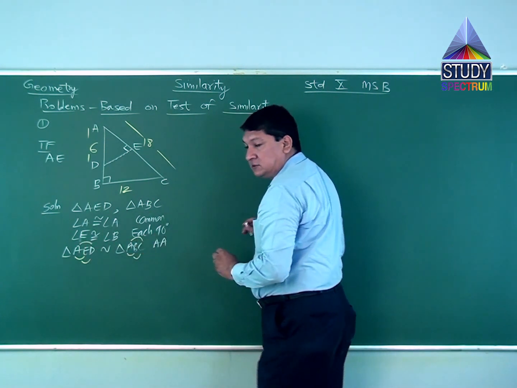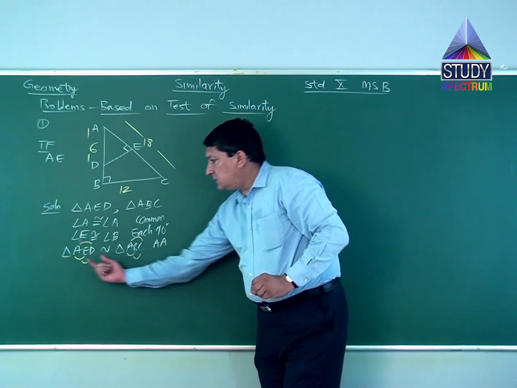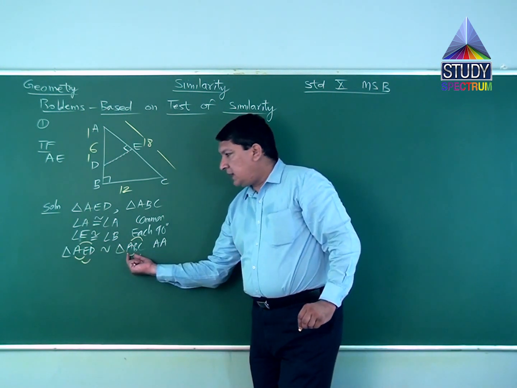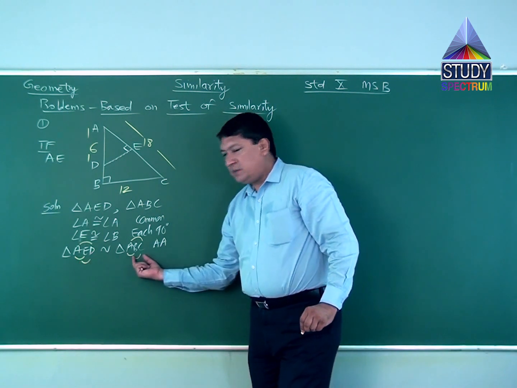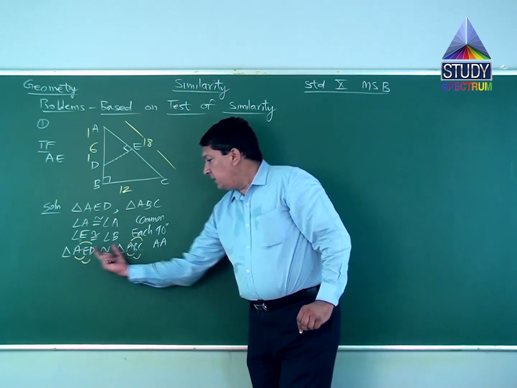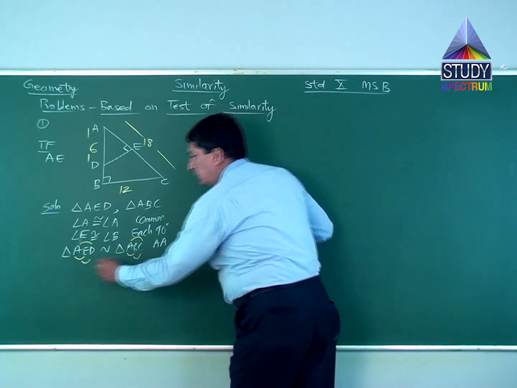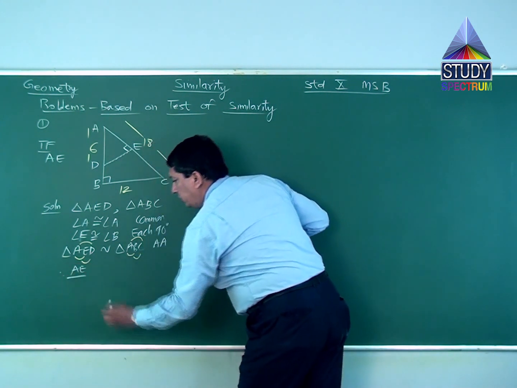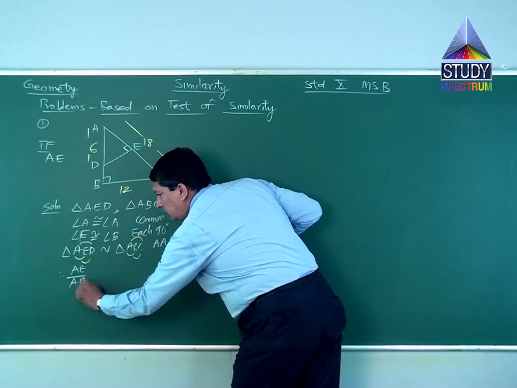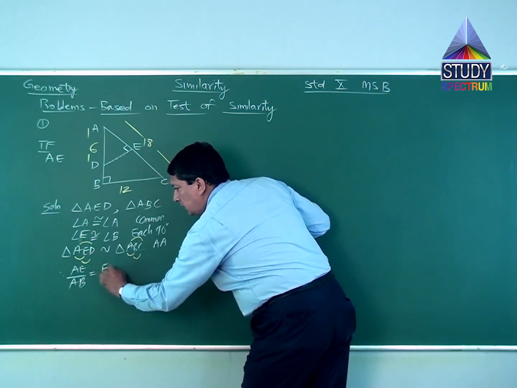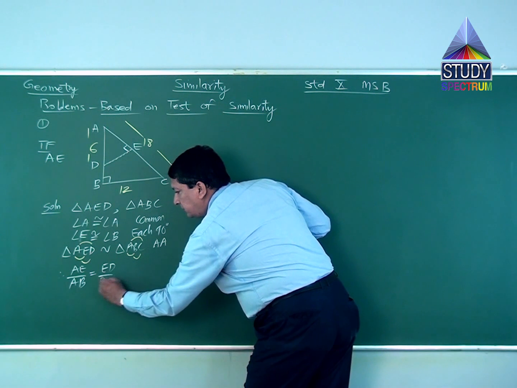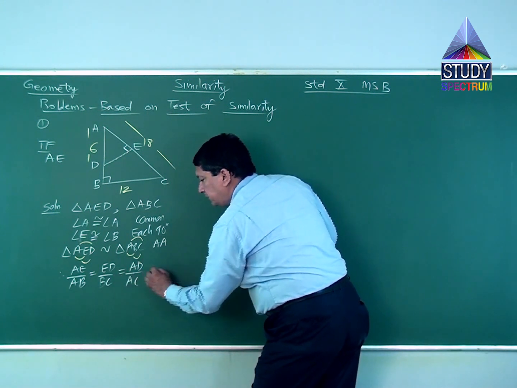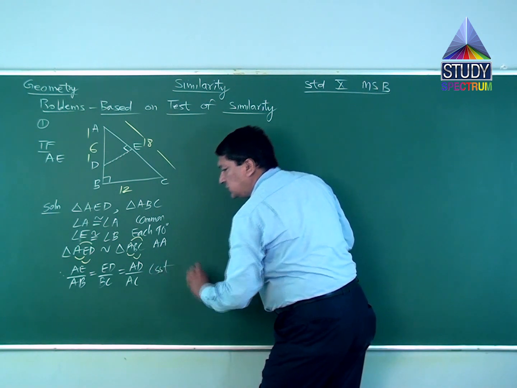When two triangles are similar, this is how you have to catch which are the corresponding sides: AE, AB, ED, BC, AD and AC. Therefore, I can write AE upon AB equals ED upon BC equals AD upon AC. Corresponding sides of similar triangles.